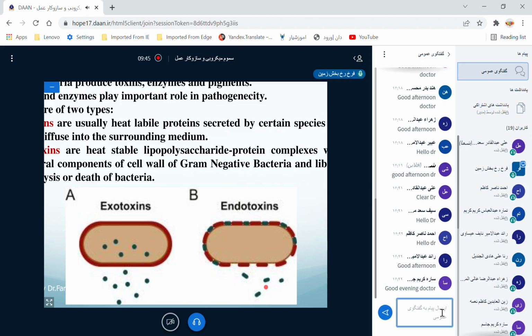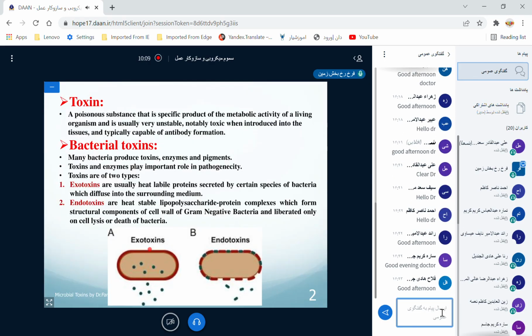They can be effective on different cells, different tissues, different organs. But exotoxins, which are produced according to the bacterial producer, are effective on special parts, special target tissues.